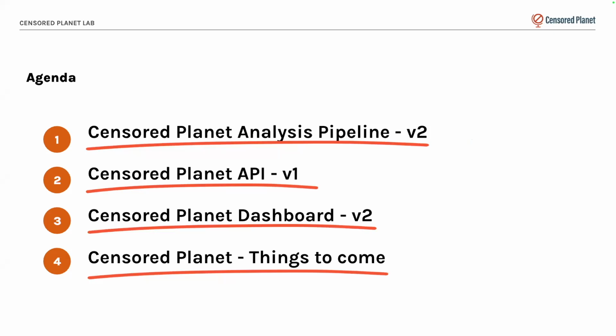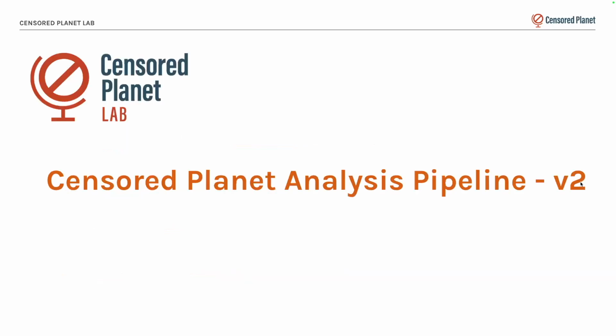The first one would be to discuss our new analysis pipeline, then also discuss our first API to allow users to fetch our data directly from our database, and then also showcase the new dashboard that we created. And then finally, just outline some things to keep an eye on in the coming months that we want to work on and publish. So yeah, without further ado, let's jump into the new analysis pipeline.